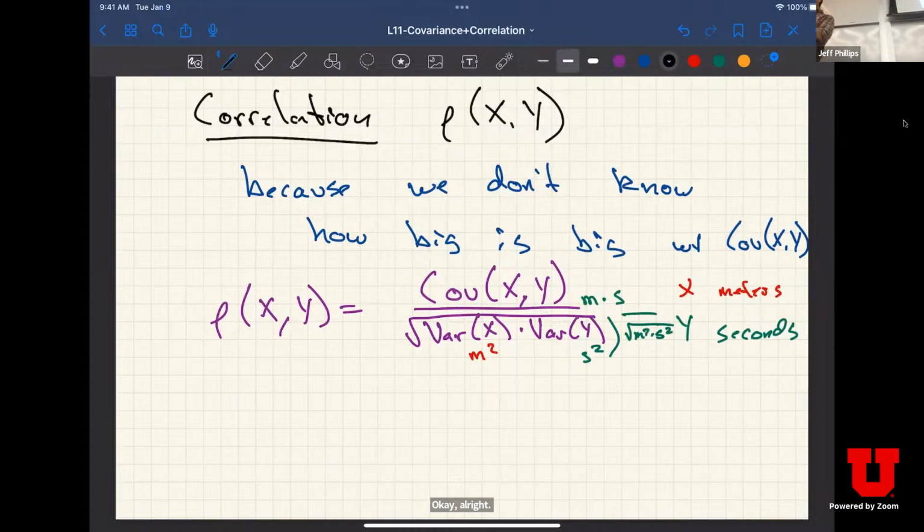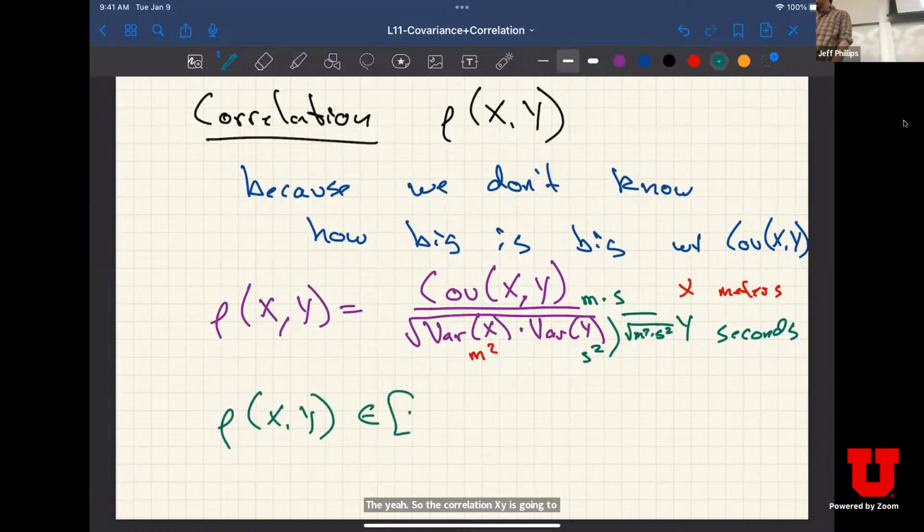The correlation of X and Y is going to be in the range from -1 to 1. So the correlation has to be between -1 and 1.